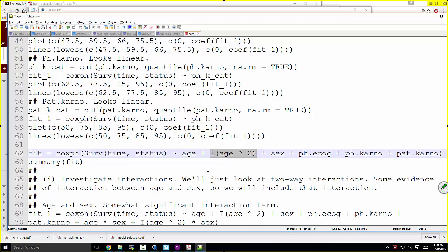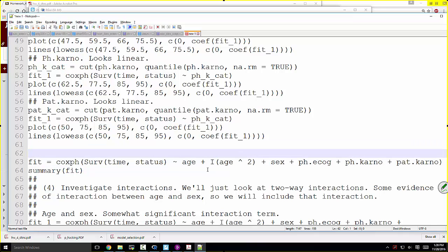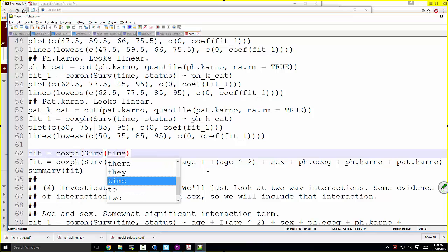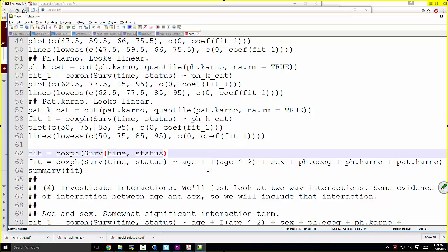FYI, if you want to include age and age squared in the model, R will not do what you think it's going to do if you do it like this. If we did age plus age squared, that's not the syntax that R wants.